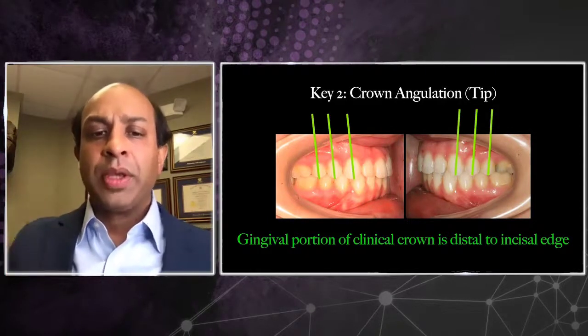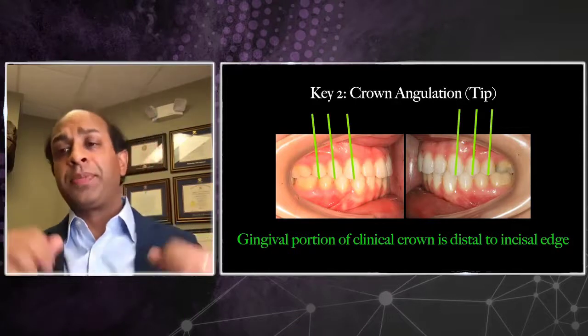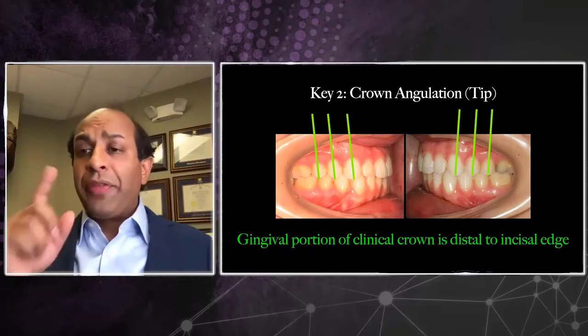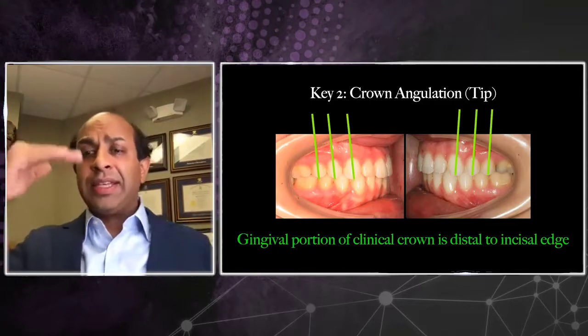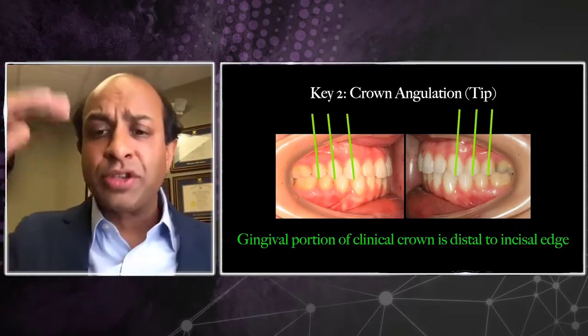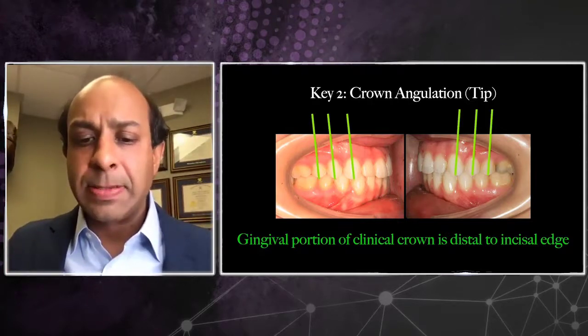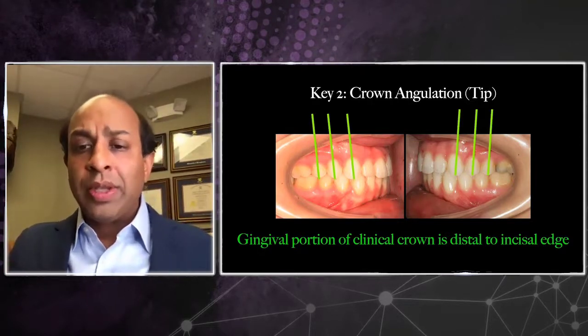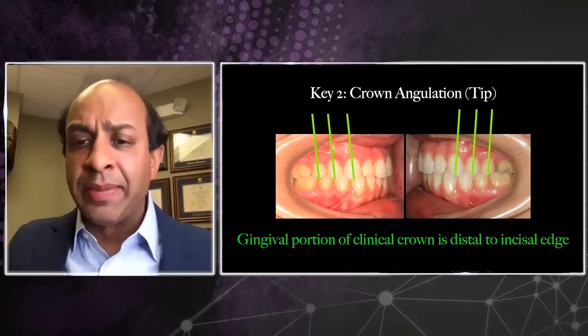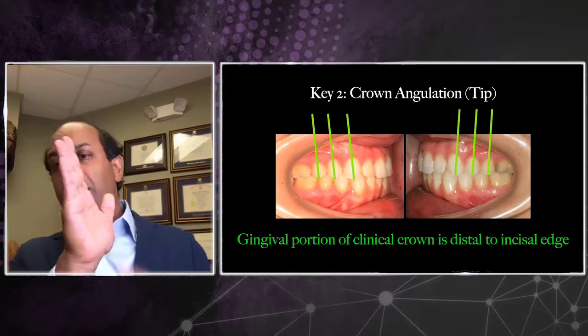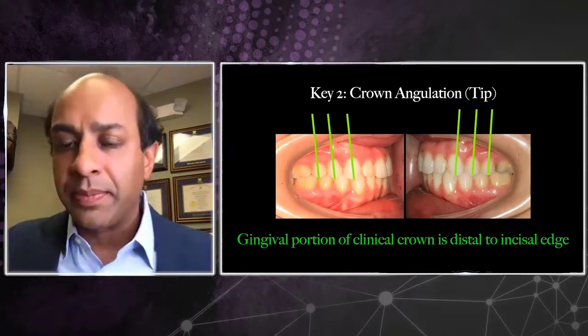Key number 2 is crown angulation, or otherwise known as tip. So what that means is that if you look at the incisal occlusal or incisal gingival portion of the teeth, what you would like to see in your final setup is that the gingival portion is going to be slightly distal to the incisal portion.